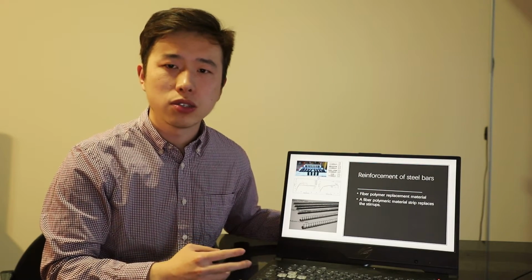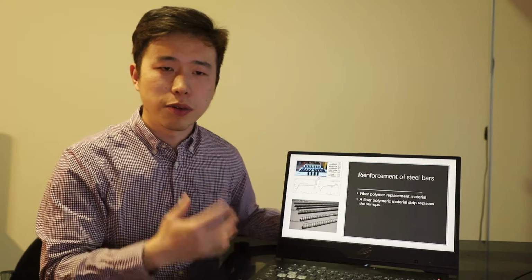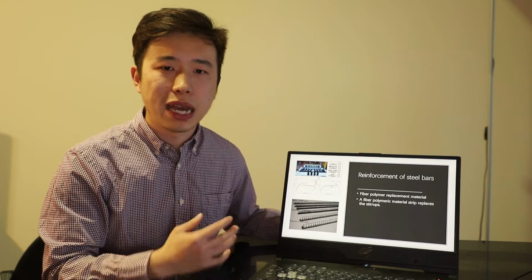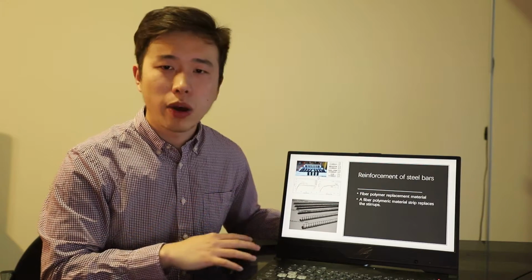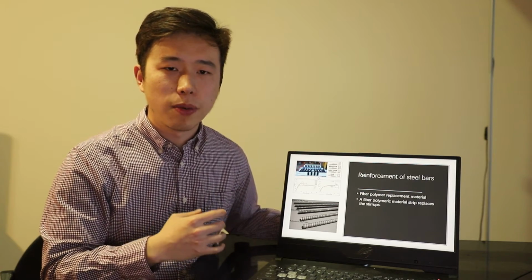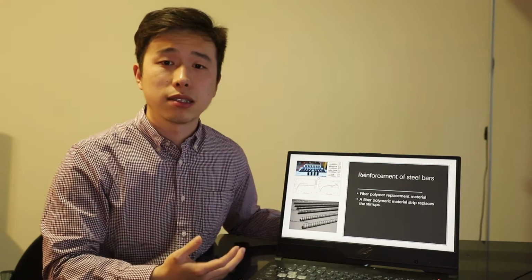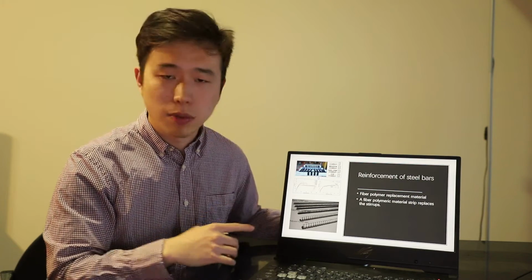There are two ways to use it, and the first one is that the fiber polymeric materials can be made into a bar to replace steel bars, and the second one is that the bond of the fibrous polymeric materials can replace the effect of the strips.